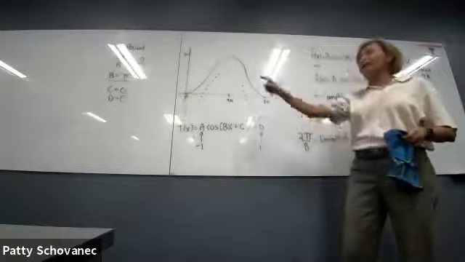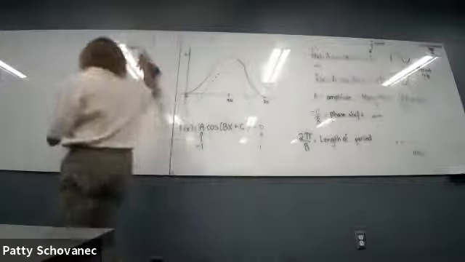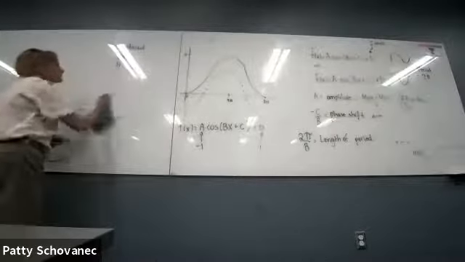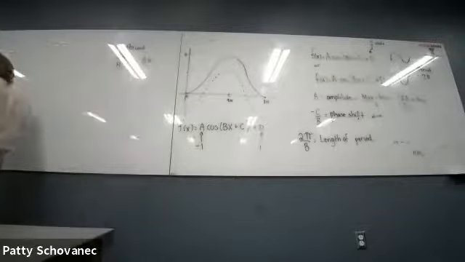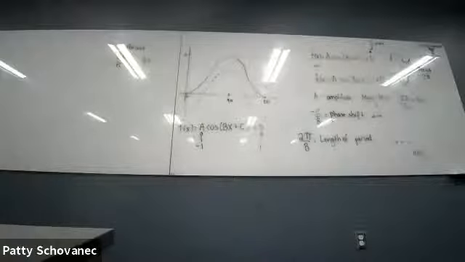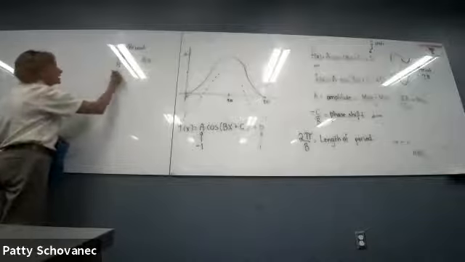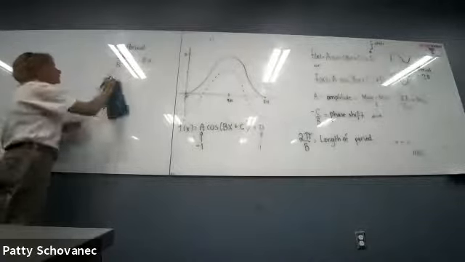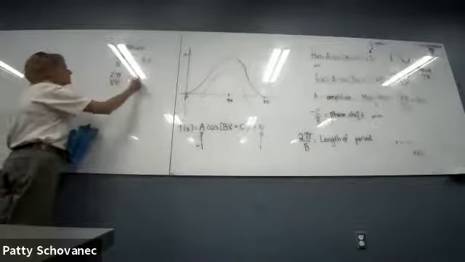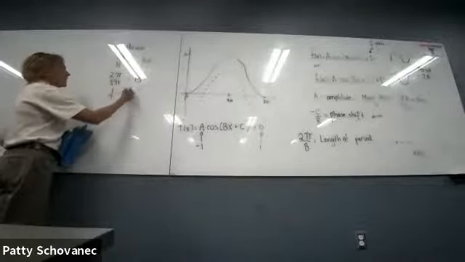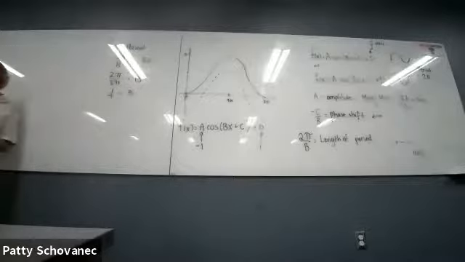Now this has a period of 8 pi. So 2 pi over B has to equal 8 pi. Solve that for B. B would be 1/4, if I multiply by B and then divide by 8 pi. When your period gets stretched out that way, then B is going to be smaller than 1.